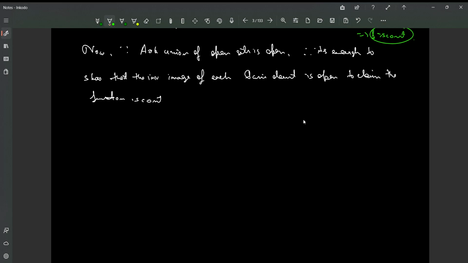Similarly, a similar observation: suppose we have a subbasis for this B_Y. Suppose S_Y is a subbasis for this B_Y.